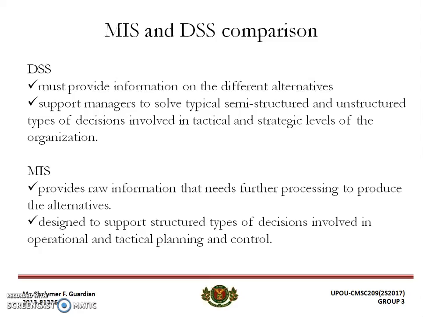A decision support system must provide information on the different alternatives, and support managers to solve typical semi-structured and structured types of decisions involved in the tactical and strategic level of the organization. Management information systems provide raw information that needs further processing to produce the alternatives, and are designed to support structured types of decisions involved in operational and tactical planning and control.